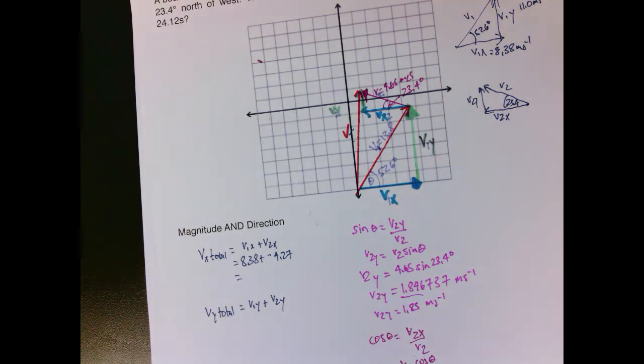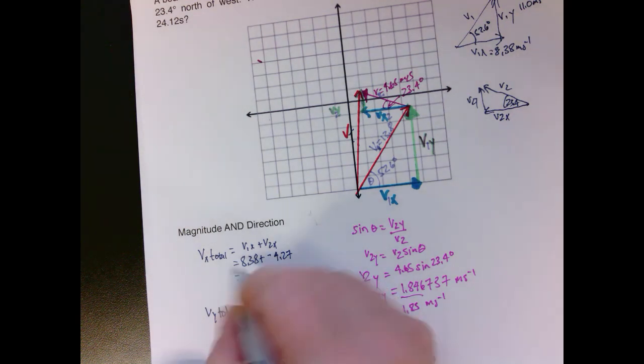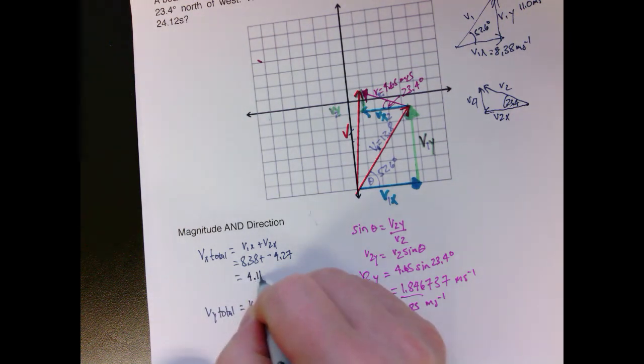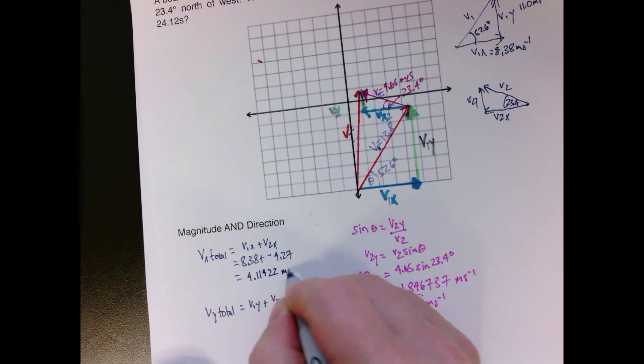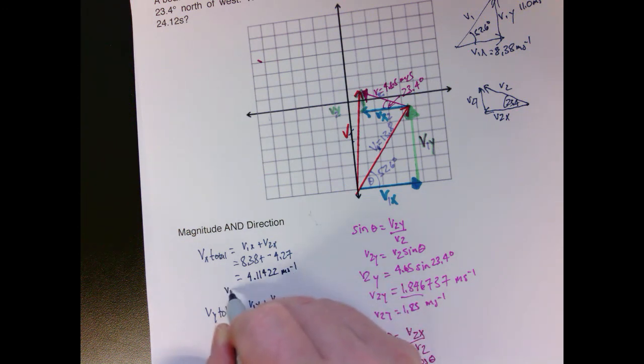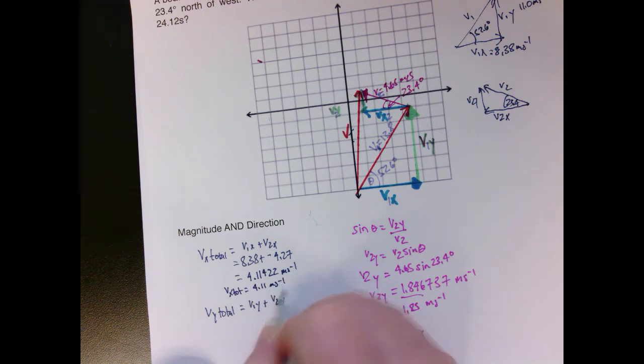We use the unrounded value for v1x, and we end up with a vx total of 4.11422 meters per second. So vx total is 4.11 meters per second.